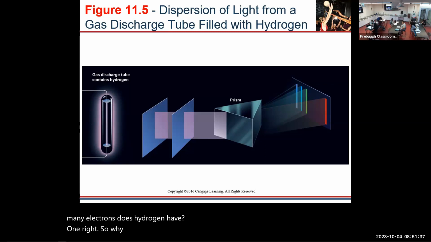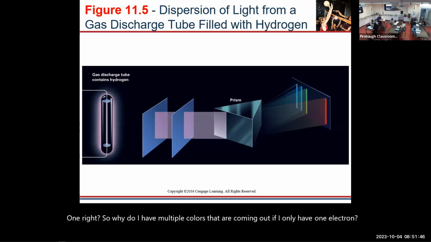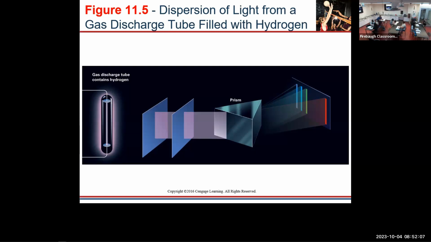So why do I have multiple colors that are coming out if I only have one electron? Okay, any guesses?